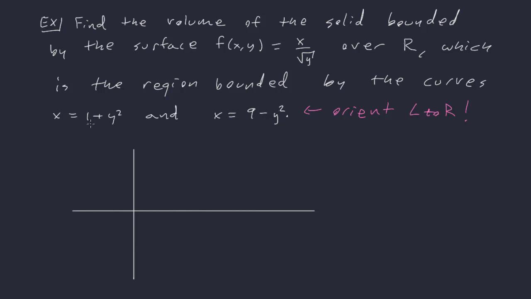So x equals y squared plus 1, or 1 plus y squared. So notice this side is always going to be greater than or equal to 1. So it's essentially going to be a sideways parabola opening this way, right?